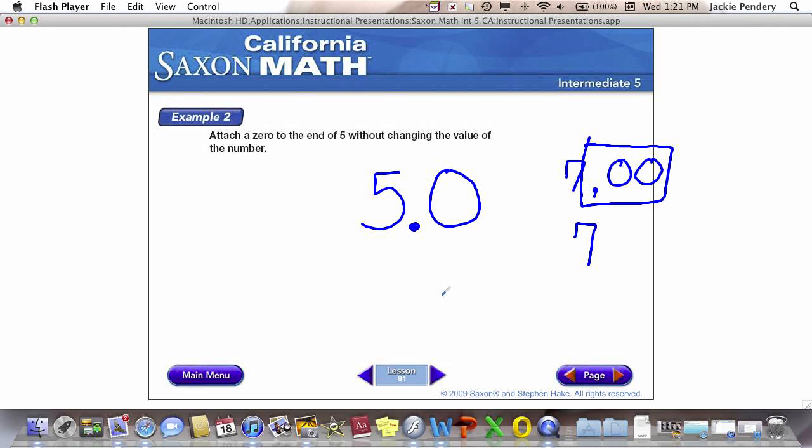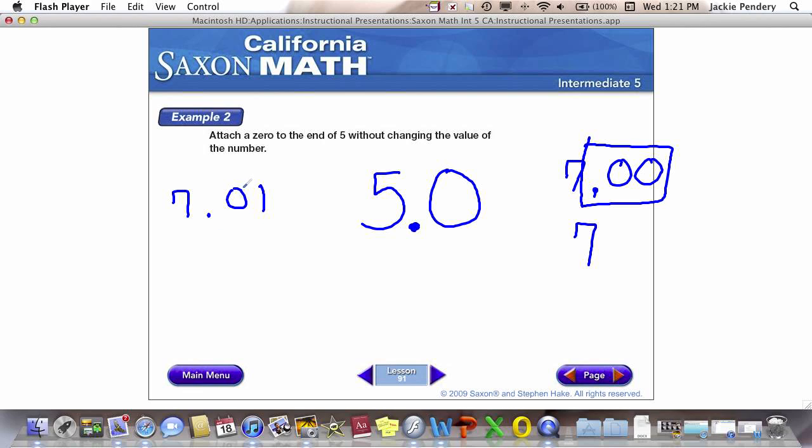It works both ways. I can add a decimal point and add zeros without changing the value, and I can take away the decimal point and the zeros without changing the value, as long as there are no digits. If this number was 7.01, I could not simplify this and take out this 0 because this tells me that I have 7 and 1/100ths.